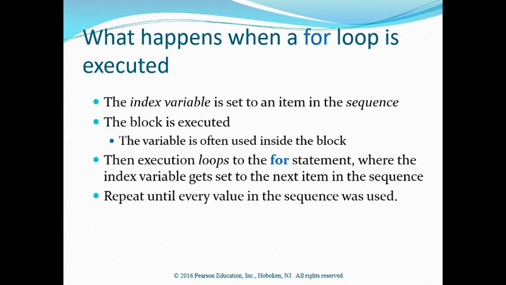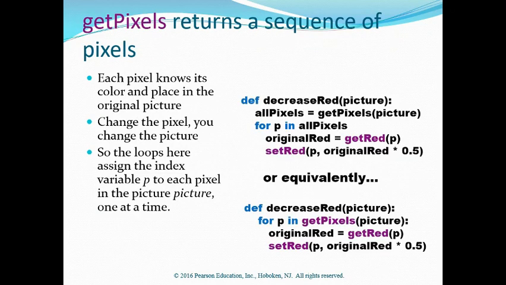So what happens when a for loop is executed? The index variable, which is p previously, is set to an item in the sequence. The block is executed. The variable is often used inside the block. Then execution loops to the for statement, where the index variable gets set to the next item in the sequence. It repeats until every value in the sequence was used.